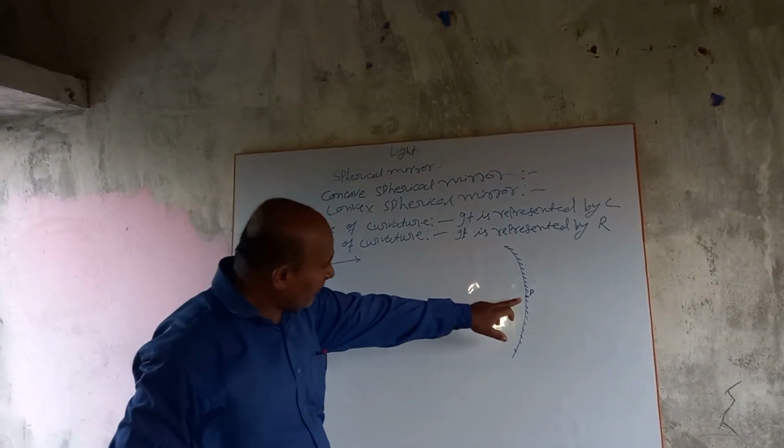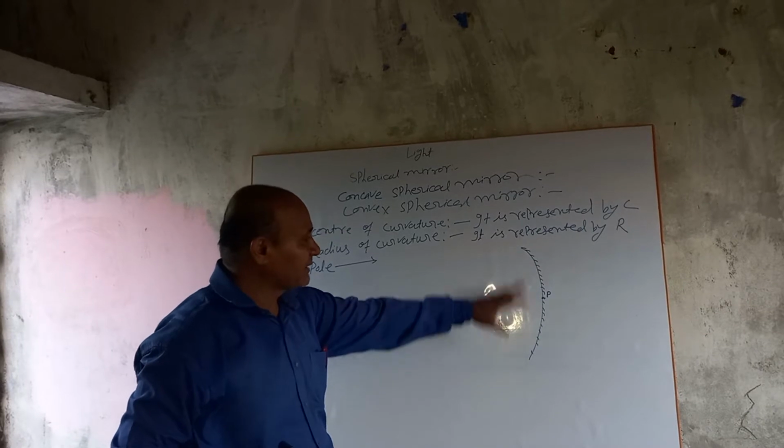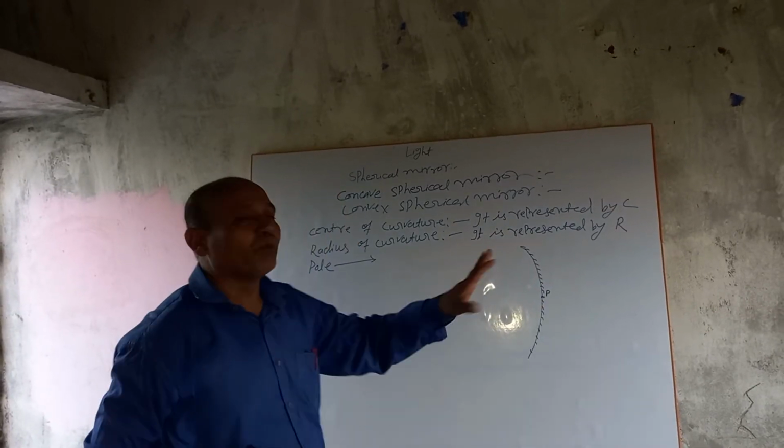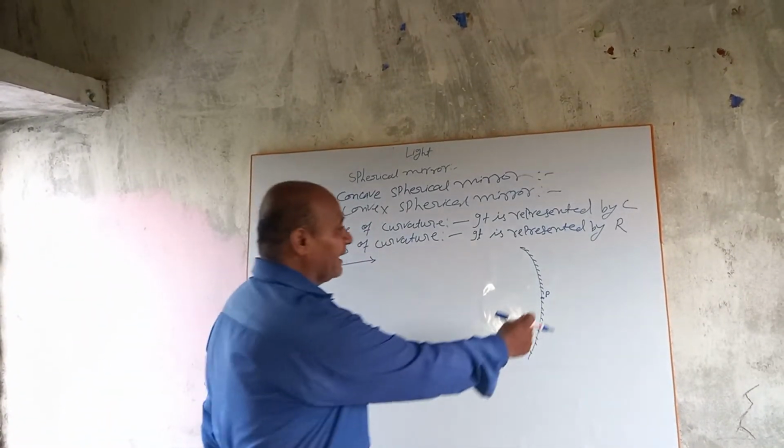The middle of this spherical mirror is known as pole and it is represented by P.